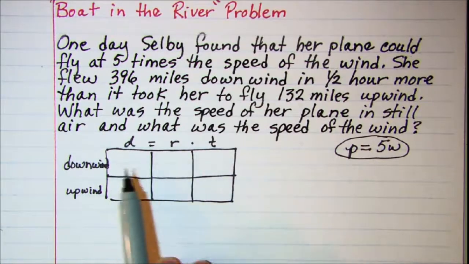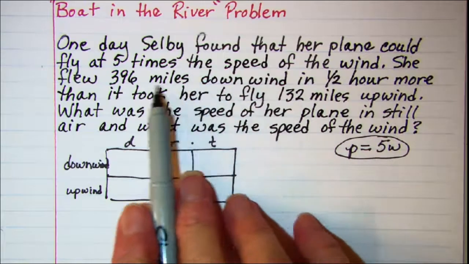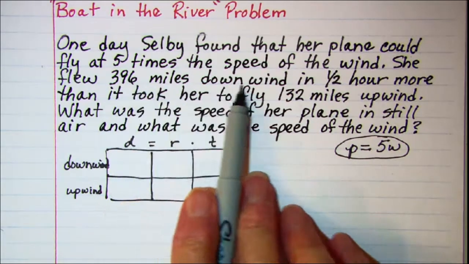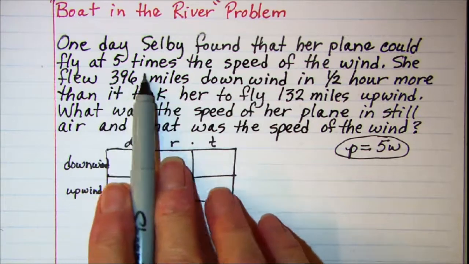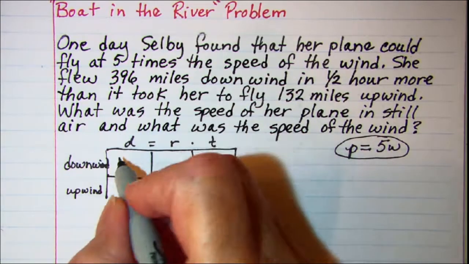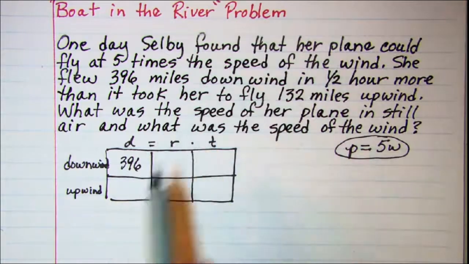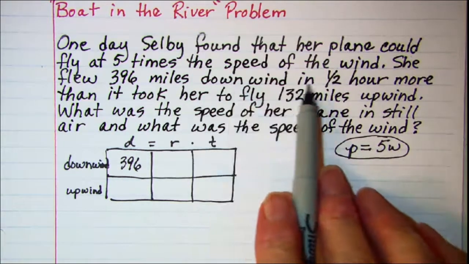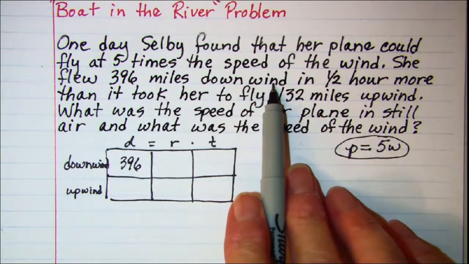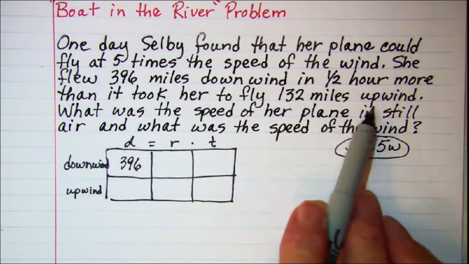Now let's fill in our dirt box with the information that I'm given in the rest of the problem. She flew 396 miles downwind. So 396 is our distance going downwind, so I'll put that number in this cell. In a half an hour more than, okay, so the downwind time was a half an hour more than the upwind time.